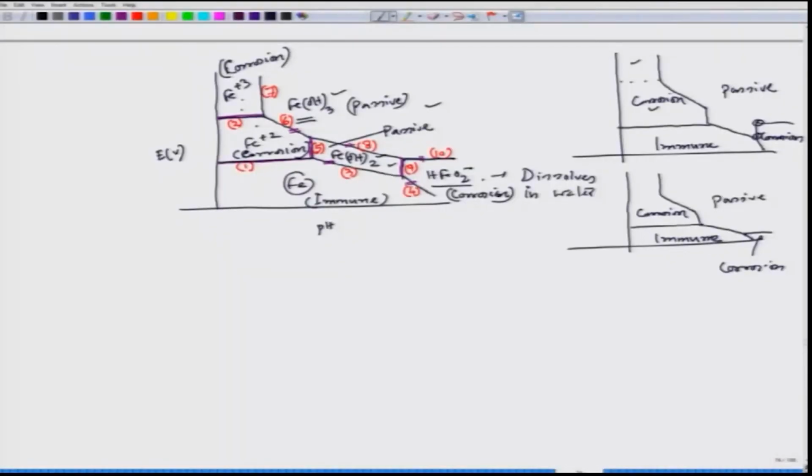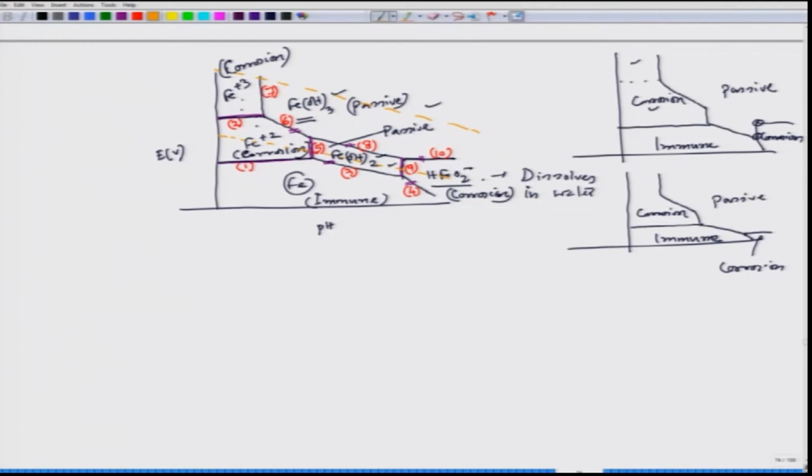And then in case of nickel, we have the complete formation of the Pourbaix diagram. Now, here one thing you have to do is indicate your water reactions, this is the hydrogen reaction and this is, let us say, the oxygen reaction line. So, then it becomes complete.